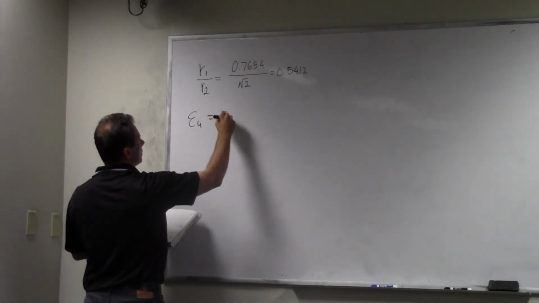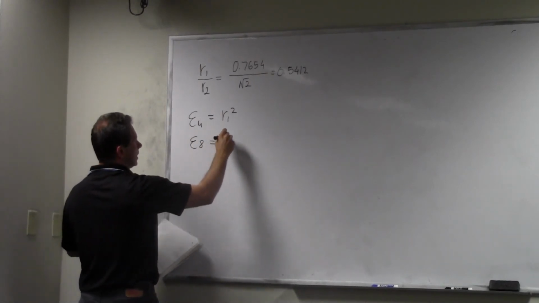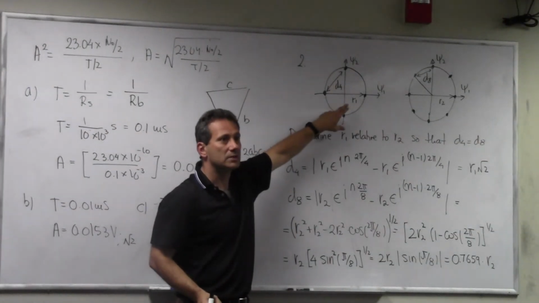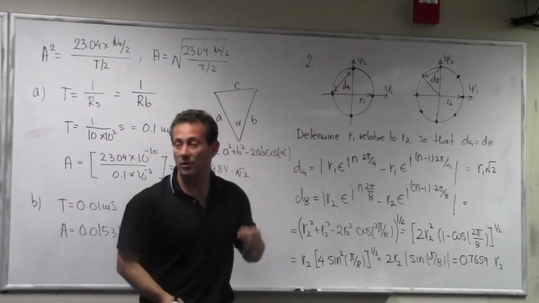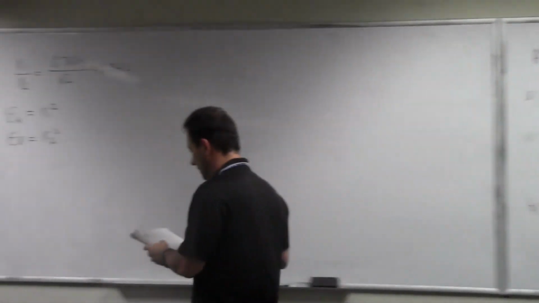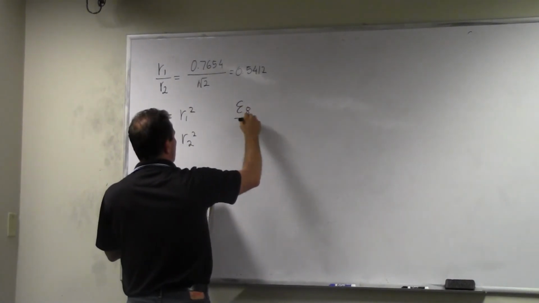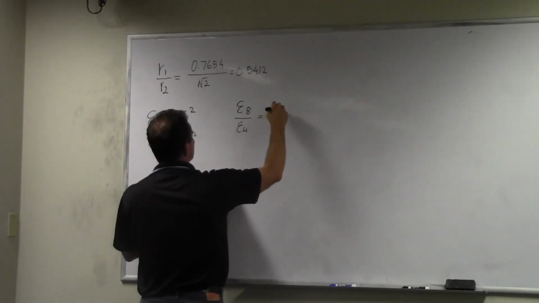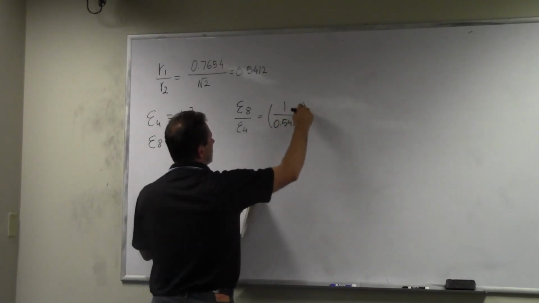Now, if you look at energy, energy 4 is equal to R1 squared, and energy 8 is equal to R2 squared. In other words, if you look at the PSK constellation, the distance is the square root of energy, so the energy is the square of the distance from the origin. So if you now look at energy of 8 over energy of 4, it's essentially 1 over 0.5412 squared.